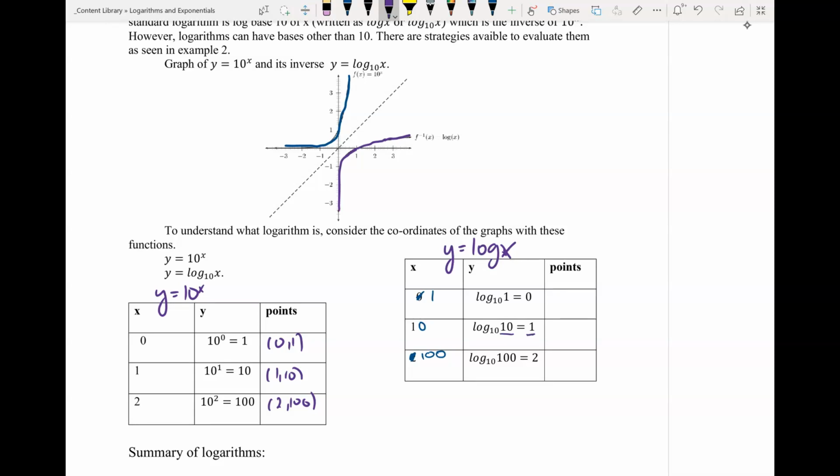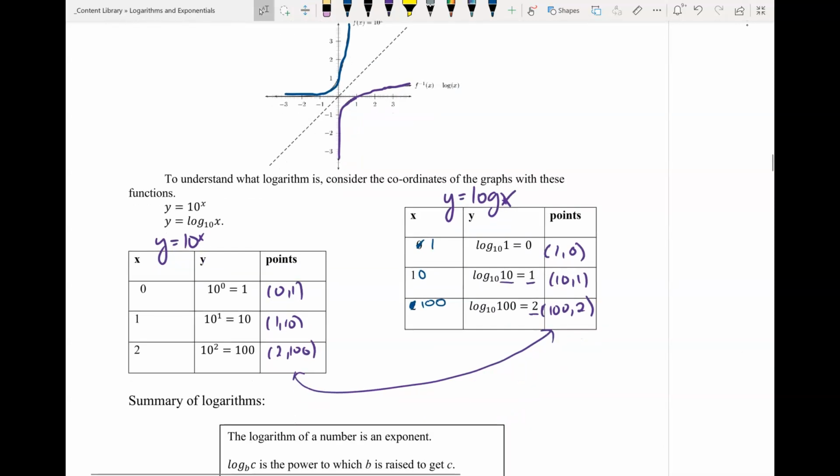And for the last point, 10 to the power of what gives me 100, and that's 2. So if I write down the points, we get (1, 0), (10, 1), and (100, 2). If you compare our two tables of values, the points are very similar, but the x and y are just switched.